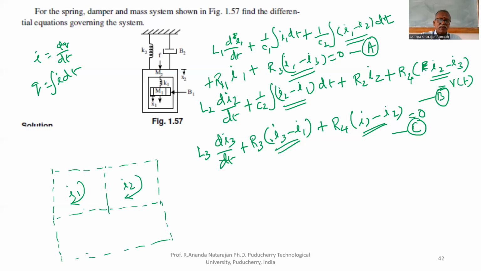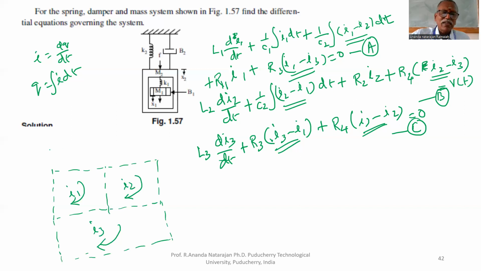Here you will get I1 minus I3, and here I3 minus I2 and I2 minus I3. So this is the problem. If you take the loop like this, you can finish. This is the crucial point. That's why I took this shape.